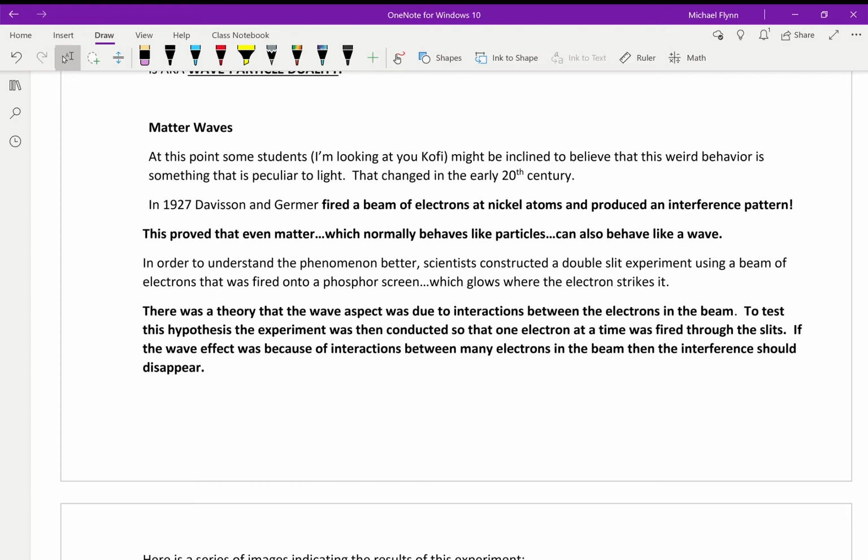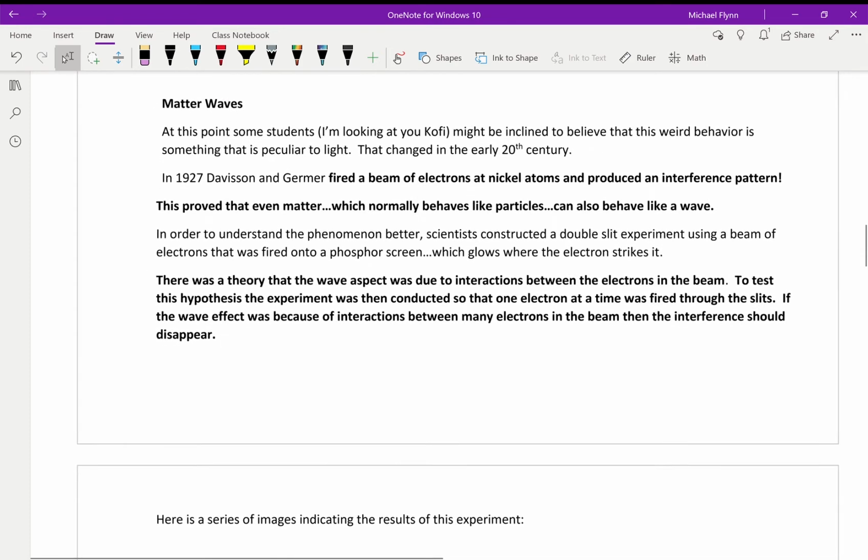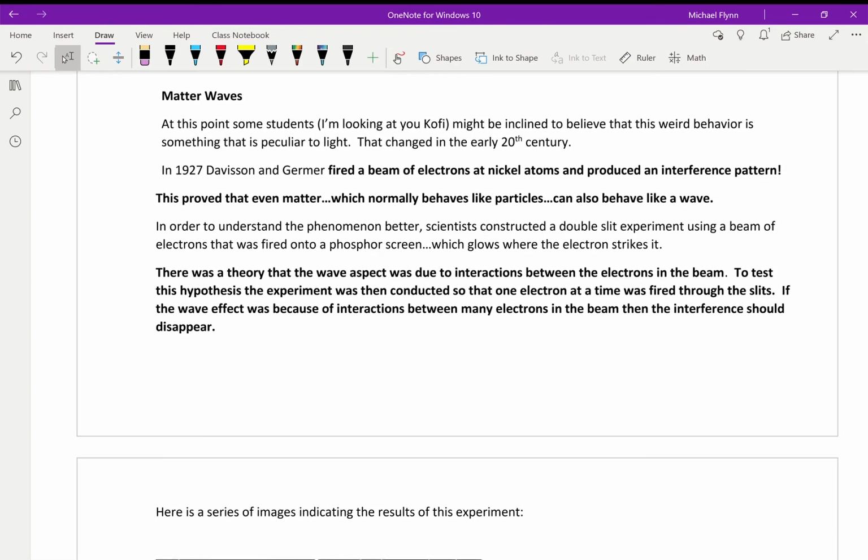Because think of it like this. If the electron is just this tiny little particle, logic says that it can only go through one of the slits. Does that make sense? But here's the deal. In the double slit experiment, the separation of the nodes is given by this equation.